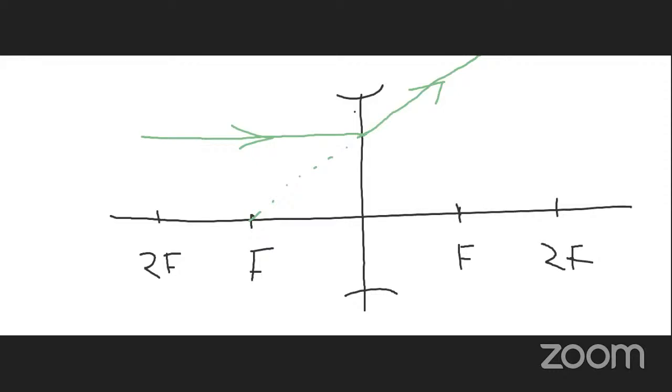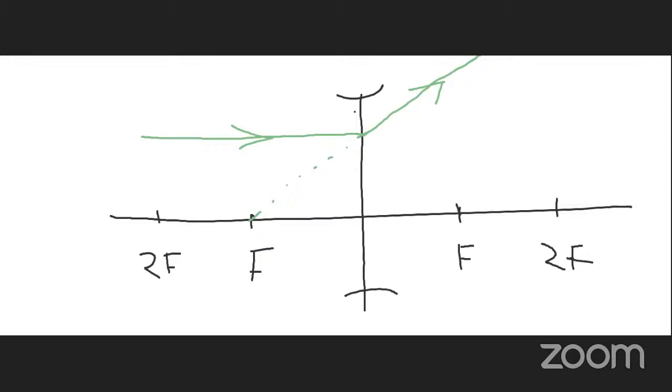So you can see the distance between the optical center and the principal focus is equal to the distance between F and twice F. Is that okay? So I'm saying in your construction, make sure that the distance between F and twice F is also equal to the distance between what?